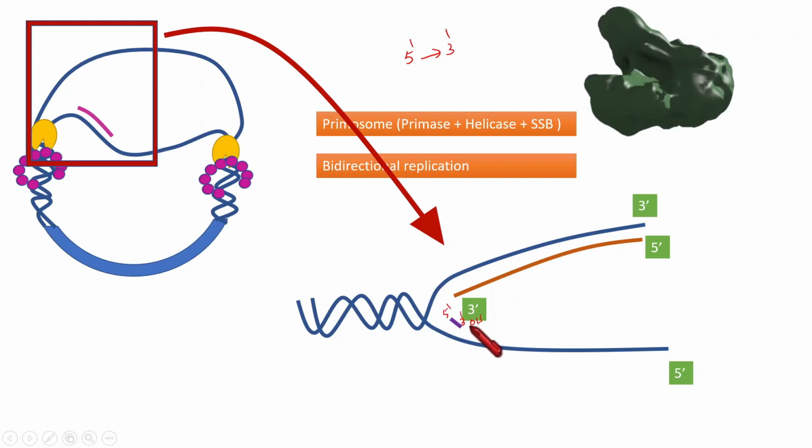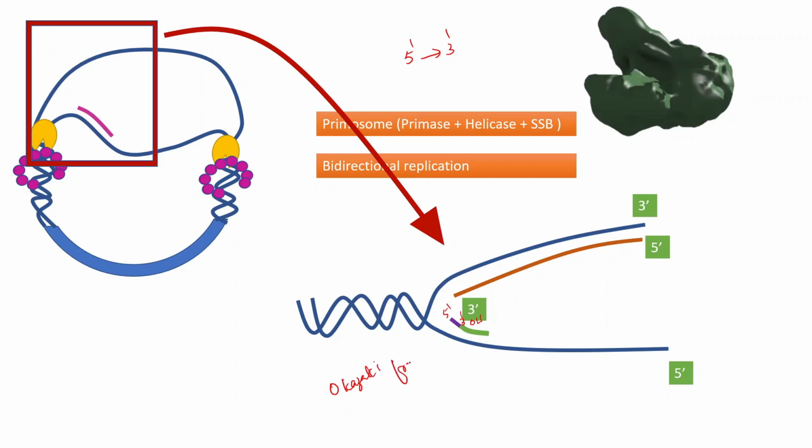So, to this 3' OH end, this DNA polymerase enzyme adds fresh deoxyribonucleotide and generates a small fragment. And that fragment is called an Okazaki fragment.